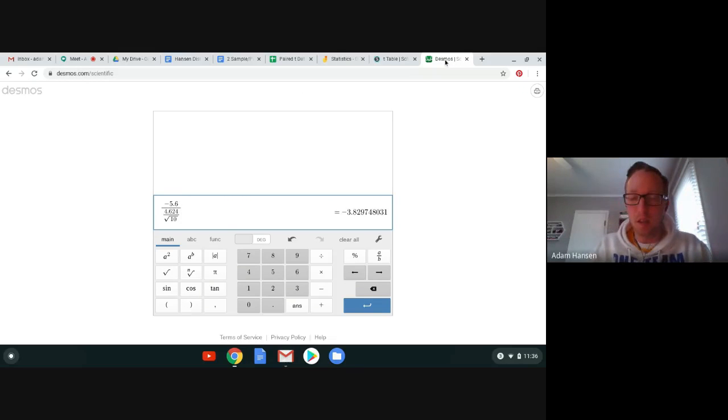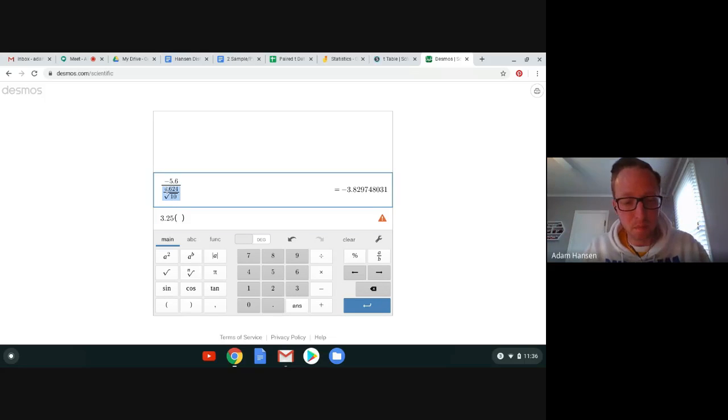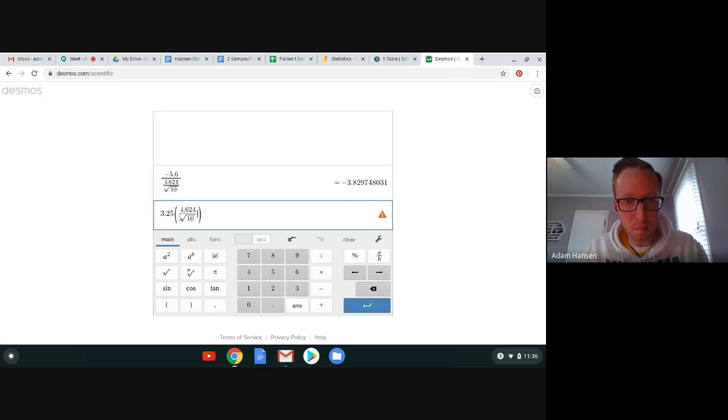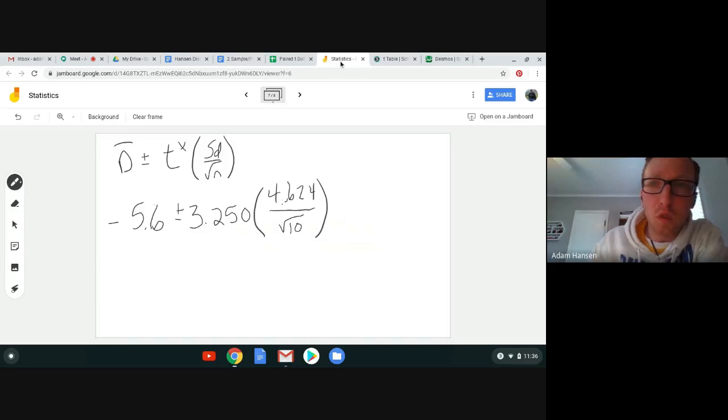All right, let's get the margin of error calculated. 3.25 times the standard error. So 4.752 pounds is our margin of error. What was that one more time?